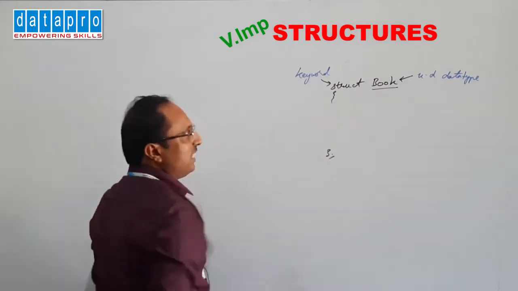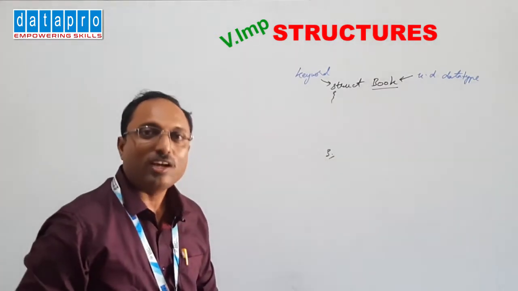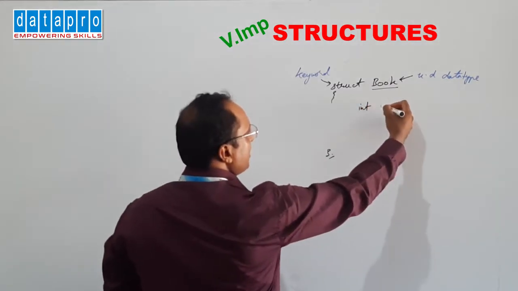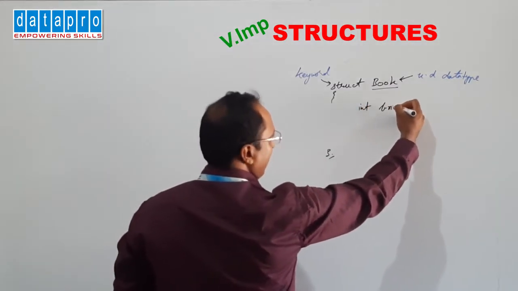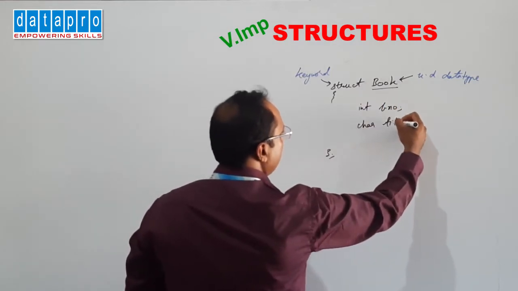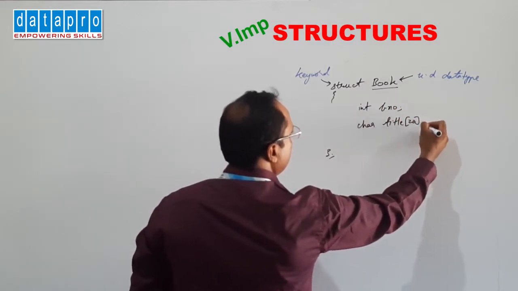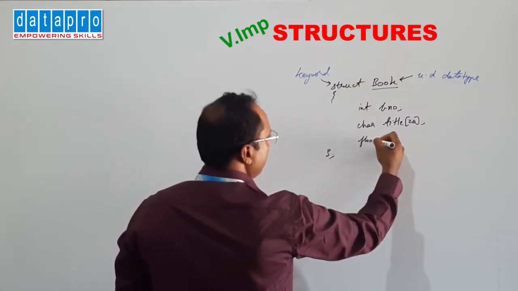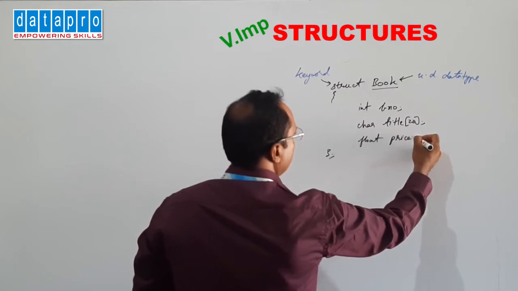Now inside this data type, we are going to put the fields of that structure. A book contains information like, say, book number or ISBN number, then title, then say price is a float type, etc.